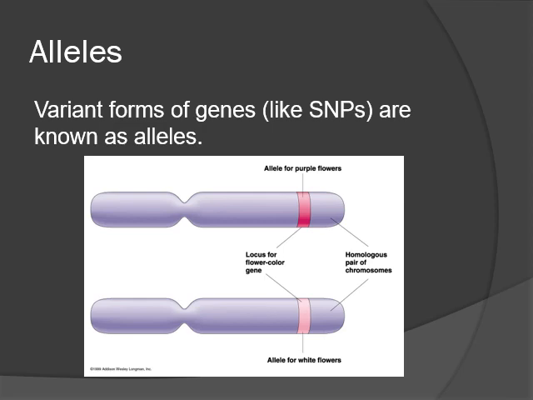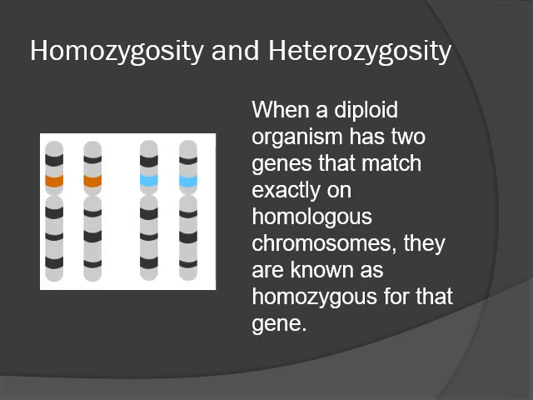Alleles are super important. They do cause variation. You need that variation for evolution. If an organism is diploid, which all of us are, they're going to have two genes that match exactly. If they match exactly, if there is no variation, they are termed homozygous.